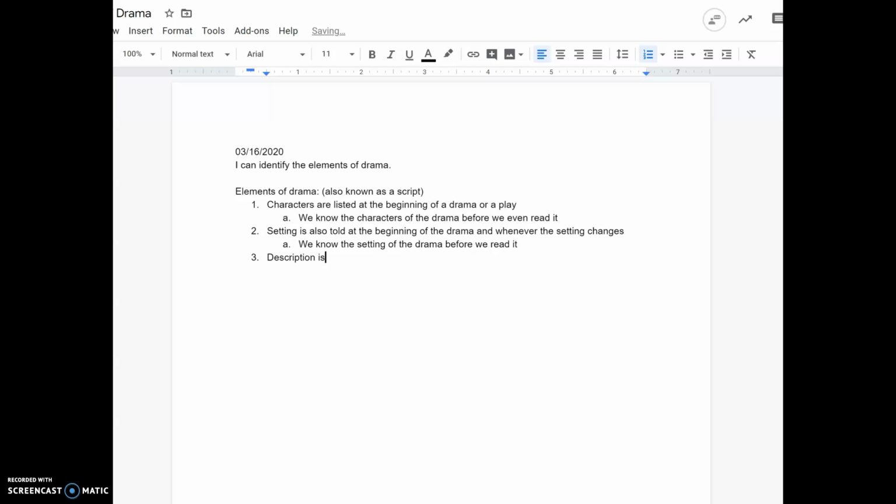Descriptions are simply a list of details that describe to the reader the background information of the story.